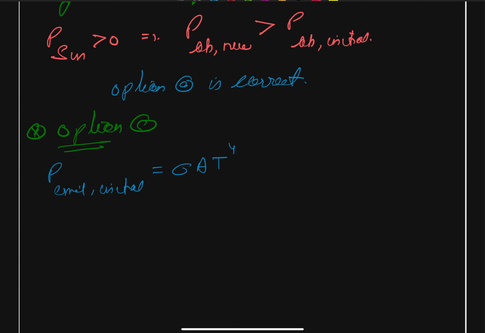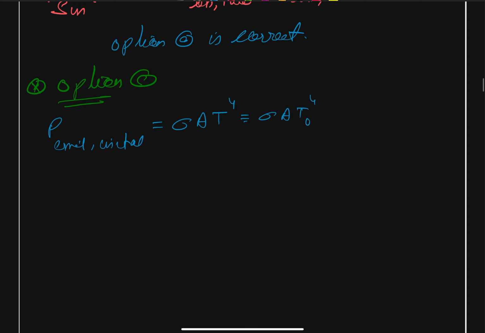But we know that T is equal to T naught, so this will be equal to sigma A T naught raised to power 4. And when the chamber is opened, we know that P absorbed new is equal to sigma A T naught 4 plus power because of the sun.